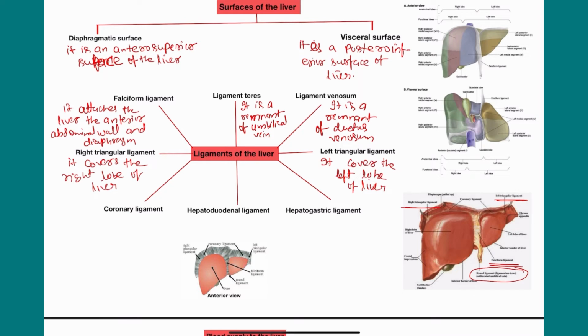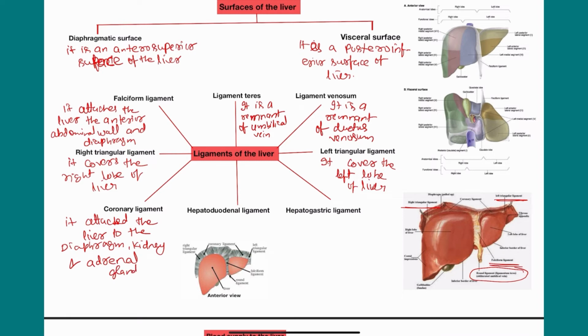So the coronary ligament attaches the liver to the diaphragm, kidney, and some portion of the adrenal gland.